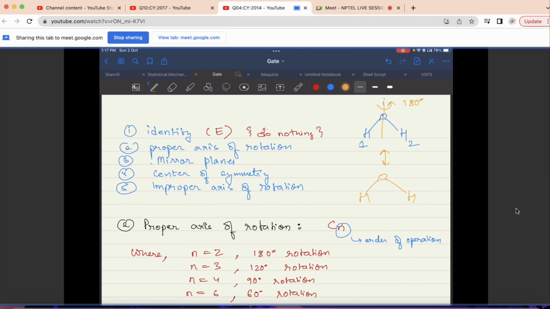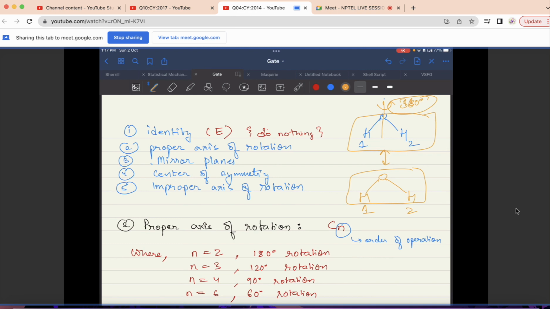But if I'm doing 360 degrees, then this will again be 1 and 2, correct? Because if I'm doing 180, then this will be 2 and this will be 1. After 360 it is the same as the first configuration. So we have done only a full rotation, and my molecule comes back to the original configuration.